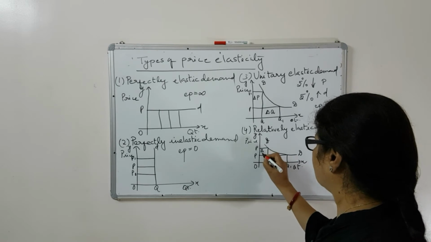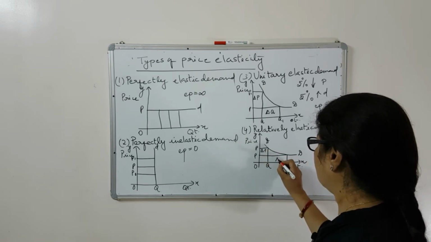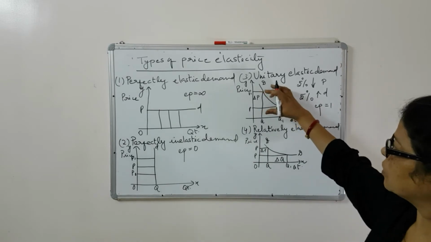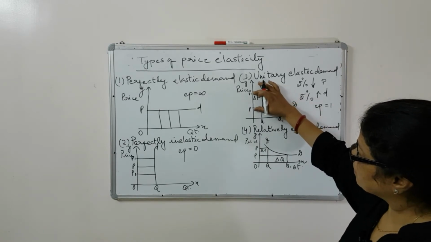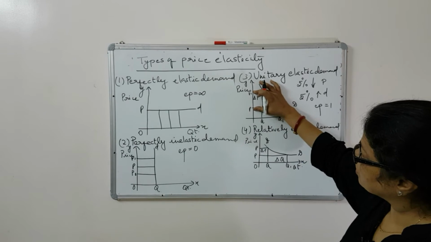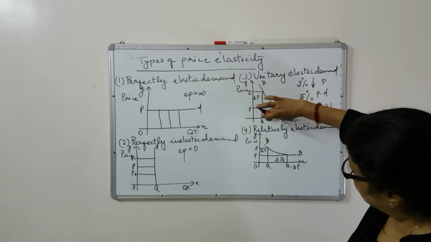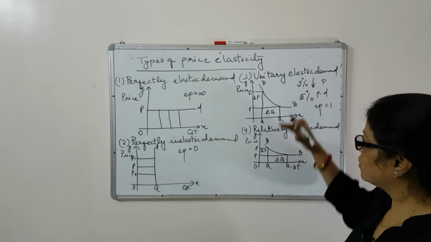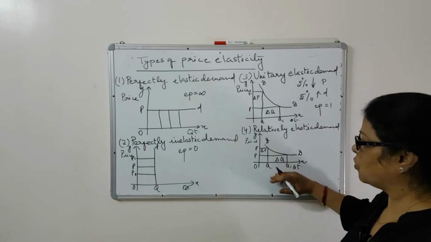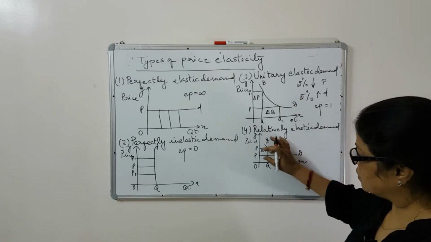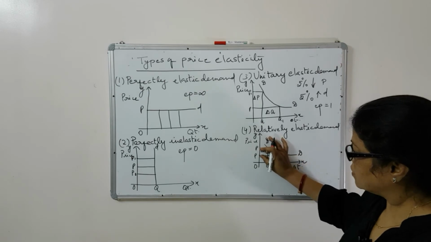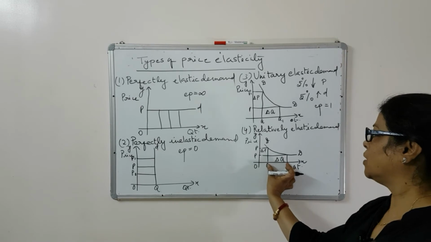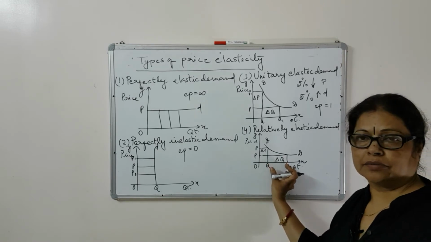Here you write del P, here you write del Q. In the previous example, you can see the distance. Whatever change is there in price, the same change is there in quantity demanded. Whereas if you compare it with the fourth diagram, you can see that price changes this much, but the change in quantity demanded is much more than that.